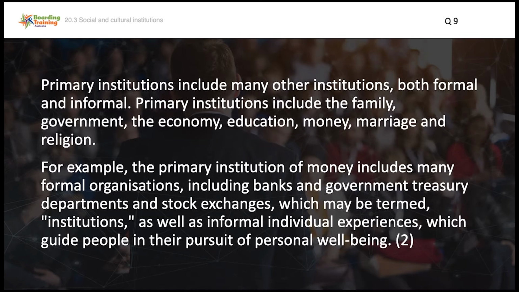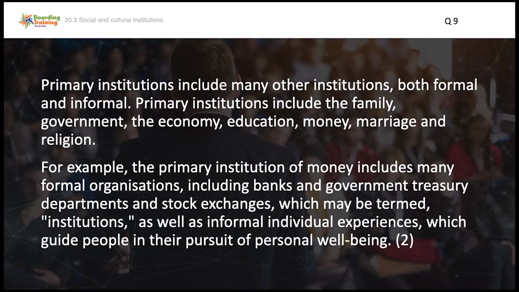And then we have primary institutions, which can include many other institutions, formal and informal. So primary institutions include the family, the government, the economy, education, money, marriage, religion, those sort of things.